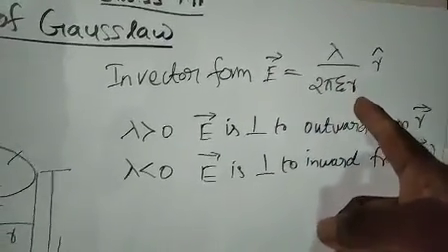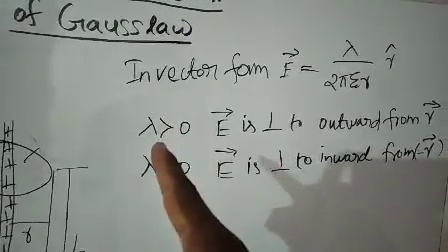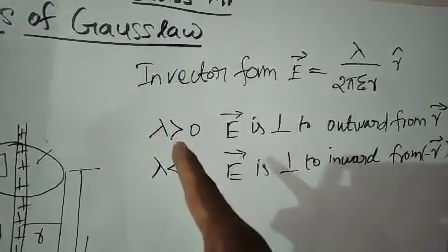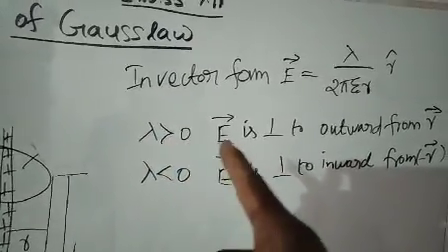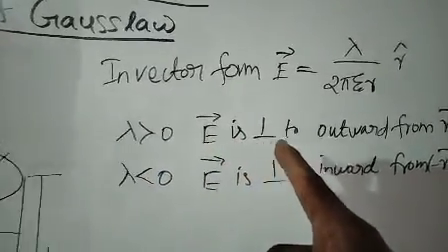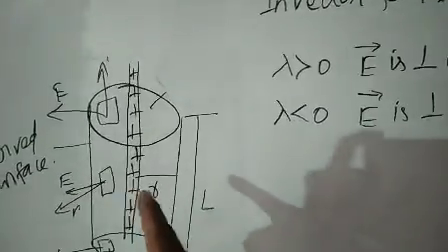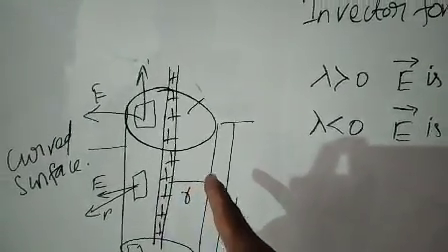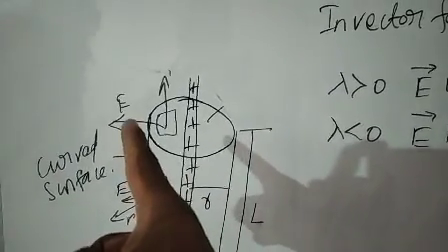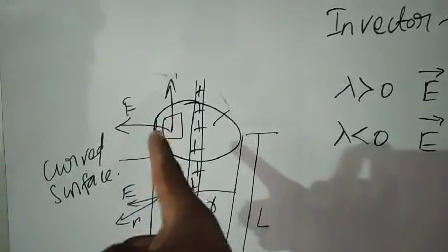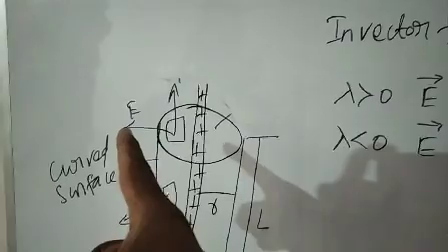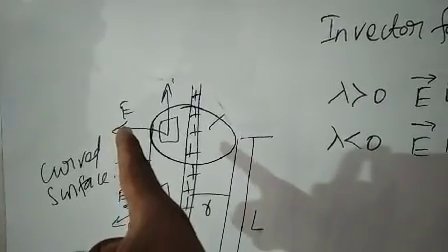Then, when the uniform linear charge density lambda is greater than 0, the electric field E is perpendicular and outward from the wire. So here this is the r. Here the electric field is radially inward when lambda is less than 0.